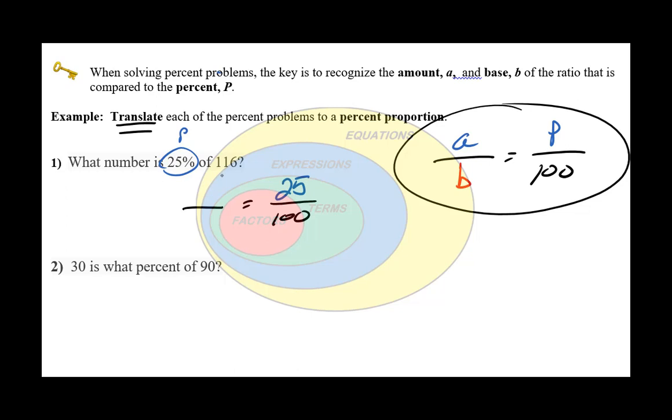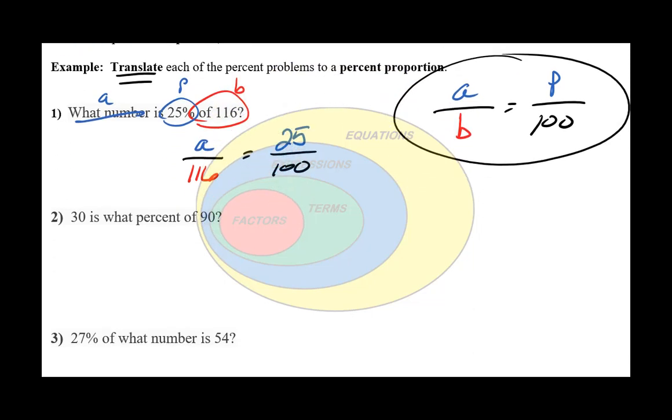Of 116, so I'm taking a piece of 116. That's my base. And the "what number" is looking for the amount. So this would be a translation of that problem into a percent proportion. We're just translating right now. Later on we'll solve, but let's try this next one.